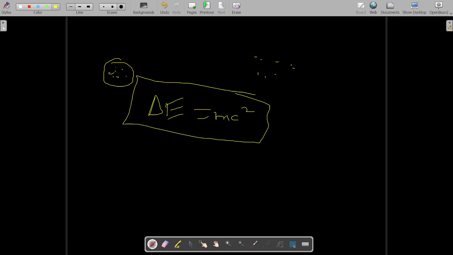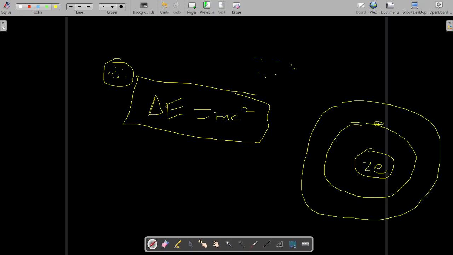But at the same time, when electrons and nucleus combine, some of the energy is lost in the form of binding energy between these electrons and this positively charged nucleus.